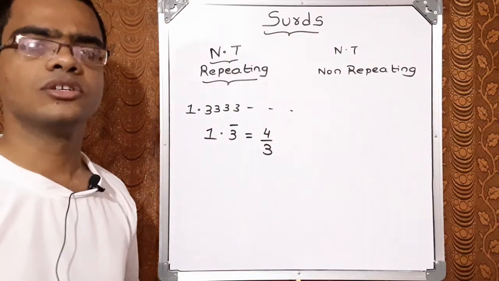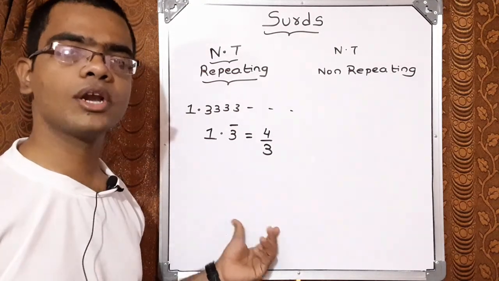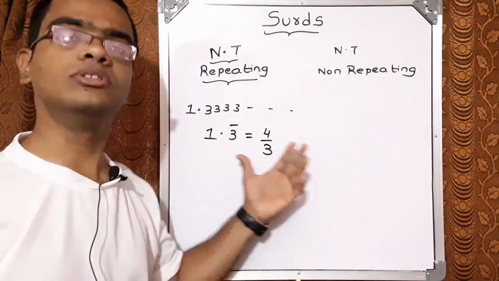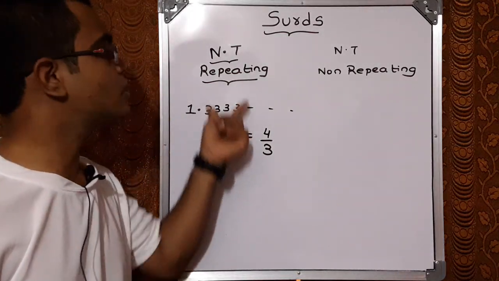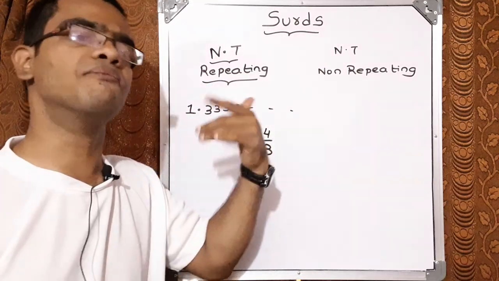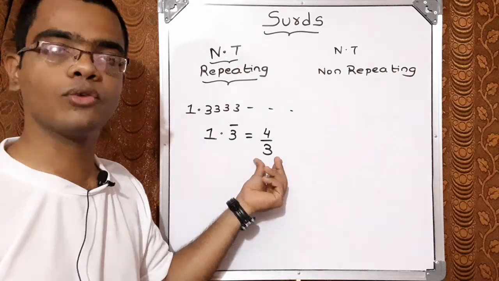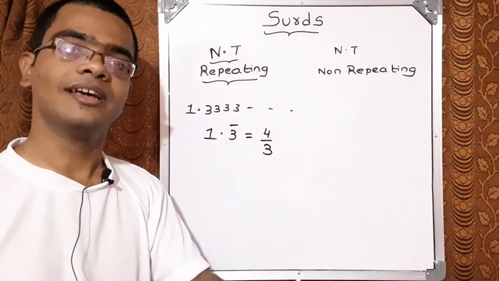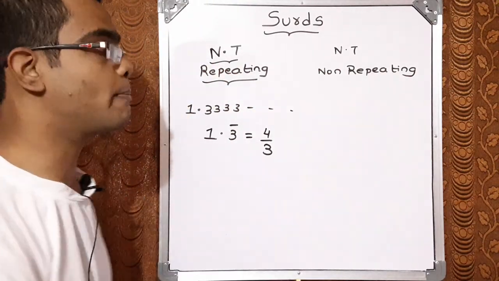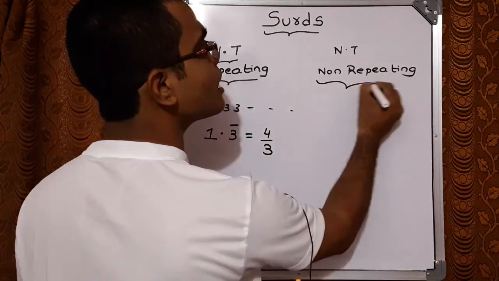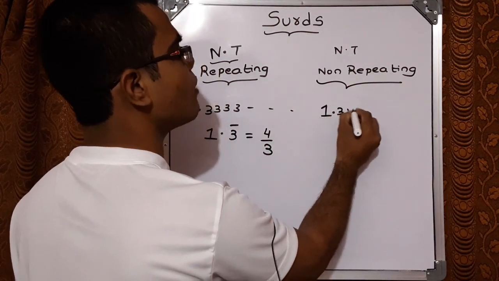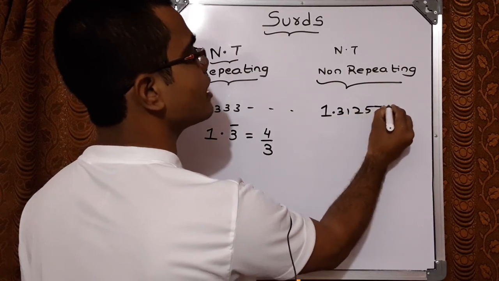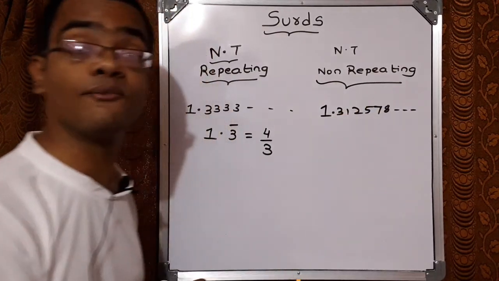There is a method. So right now we are not going to see how this is getting converted into p by q form. Our main aim is, can we write every non-terminating repeating decimal into p by q form? Yes, we can write it. This is called rational number, p by q. But non-terminating, non-repeating means it's going to be, for example, 1.3, 1, 2, 5, 7, 8, something, but till infinite.